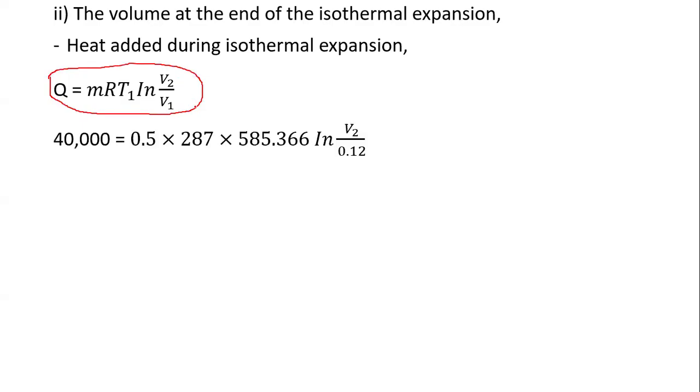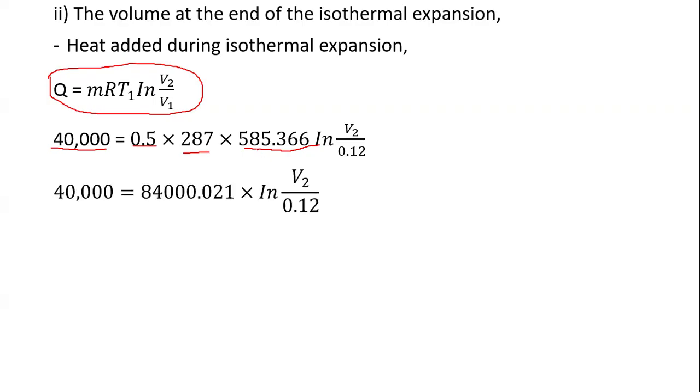So when I come here, in place of heat, we're putting 40,000. The mass is 0.5, R, 287. Then T, 585.366. Ln V2 over V1.